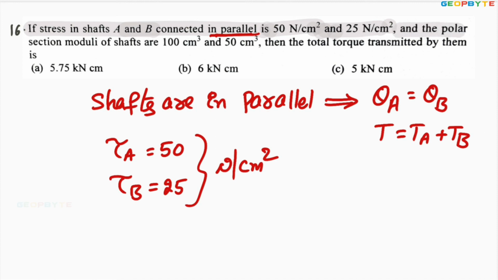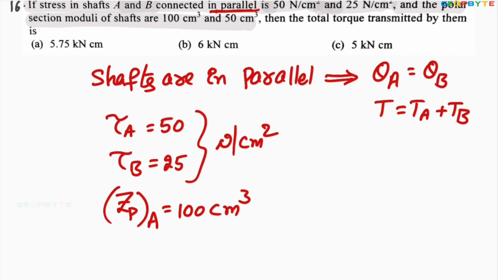And the polar section modulus ZP for A equals 100 cm cube, and the polar section modulus for B equals 50 cm cube.